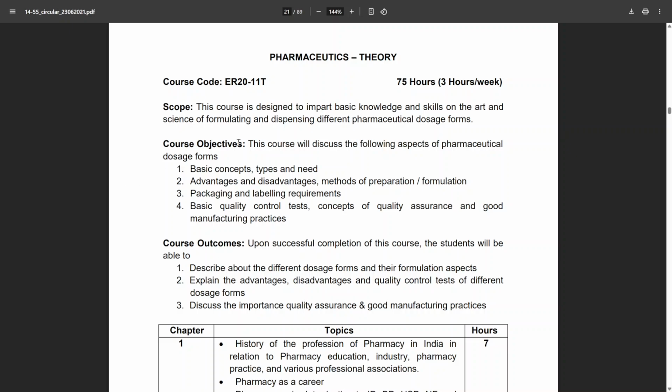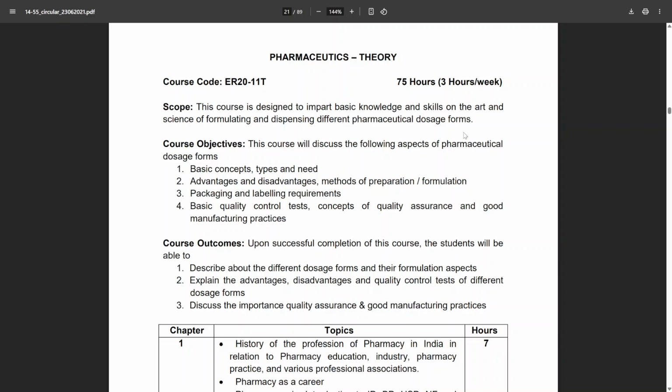Scope. This course is designed to impart the basic knowledge and skills on the art and science of formulating and dispensing different pharmaceutical dosage forms. So in pharmaceutics, you will learn how to make medicines, cosmetics, right?